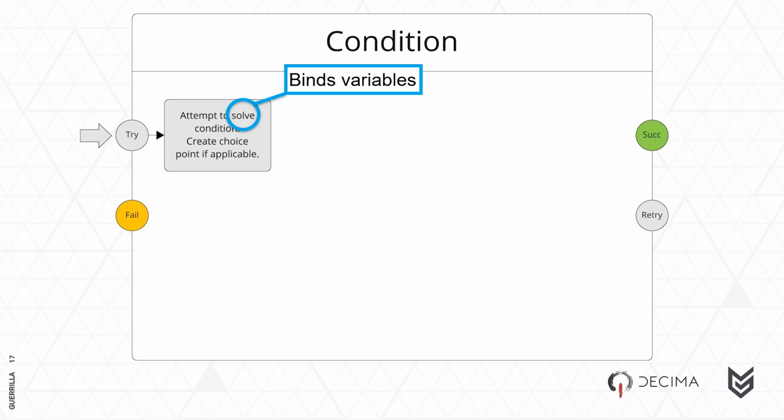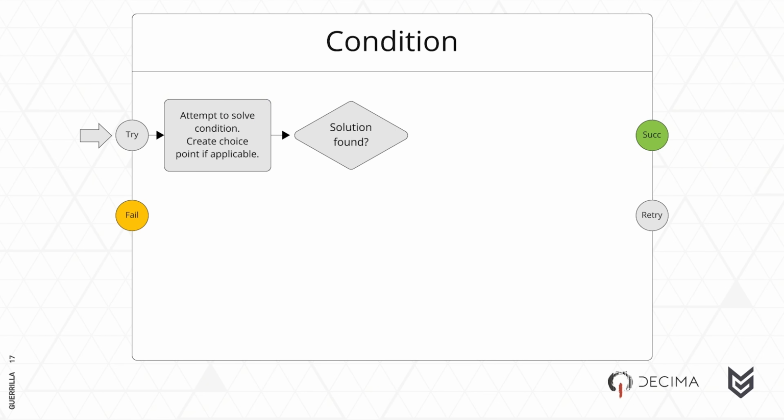This also binds our variable, as we say. So the item variable will get its value here. But then if you don't find anything in your fridge, or you don't find any applicable answer to your query, we'll go out the fail port. If you do, we'll go out success.